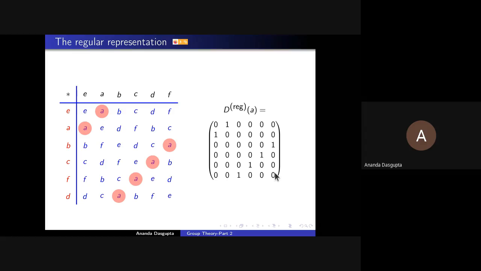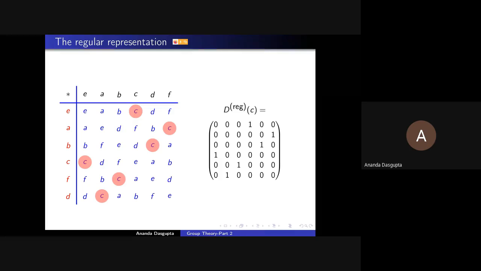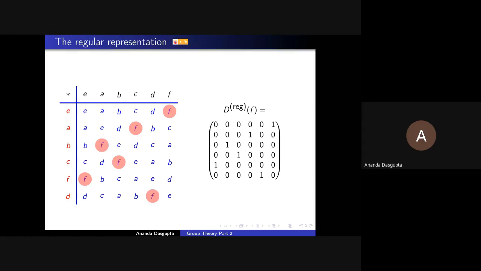What about the regular representation matrix for A? Simple. Just look at where the A's are in this table. Put ones there, put zeros everywhere else. Then B's, C's, D's, and F's. That's it. You've got your 6 regular representation matrices ready at hand.